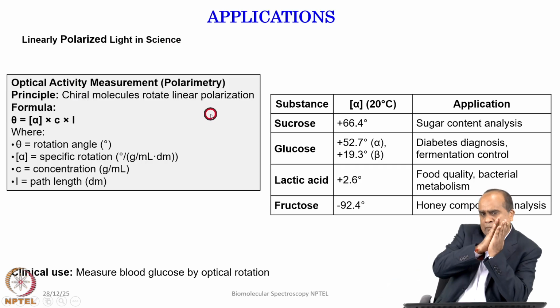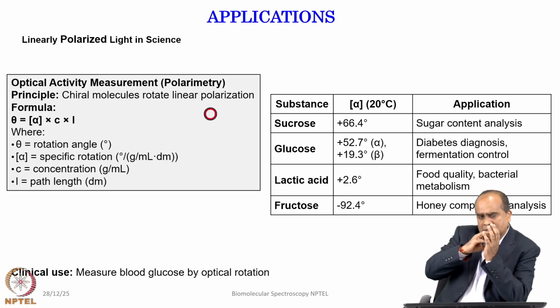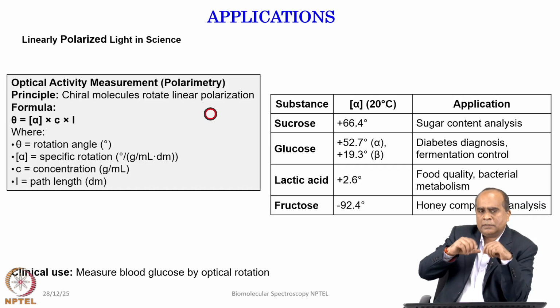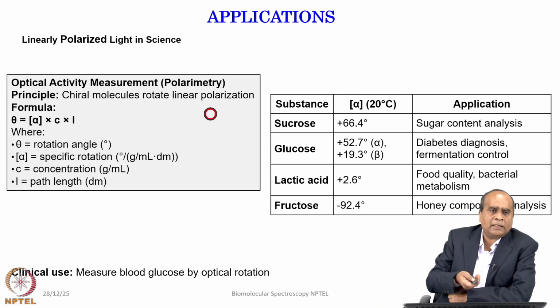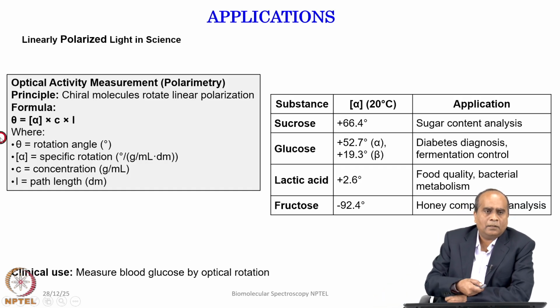So, our light was coming linear, and here is a chiral molecule. It rotates by an angle theta, and that rotation depends upon the specific rotation of that molecule, alpha, the concentration of this molecule, and the path length through which this light has gone.